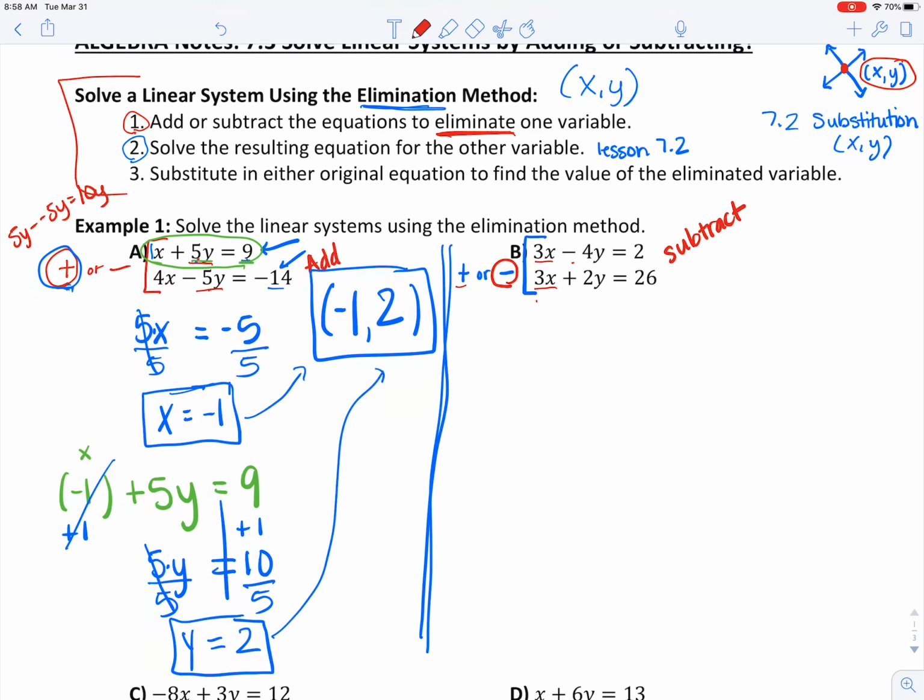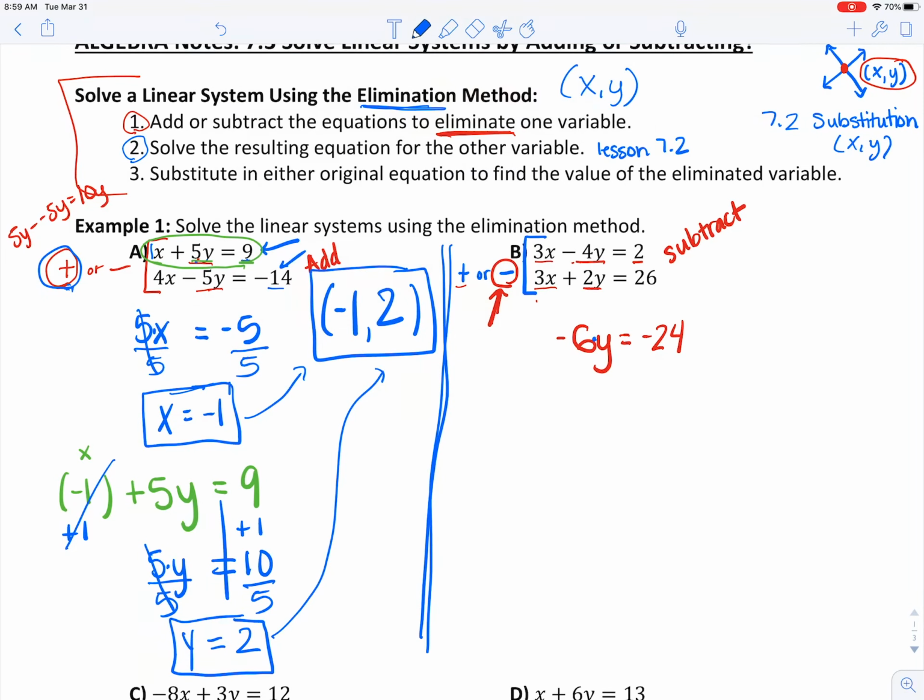Negative 4y minus 2y is a negative 6y. And now we have 2 minus 26, which is a negative 24.